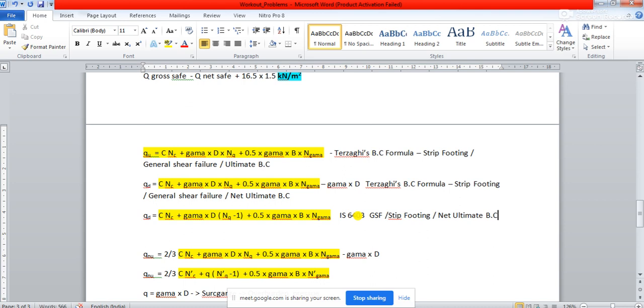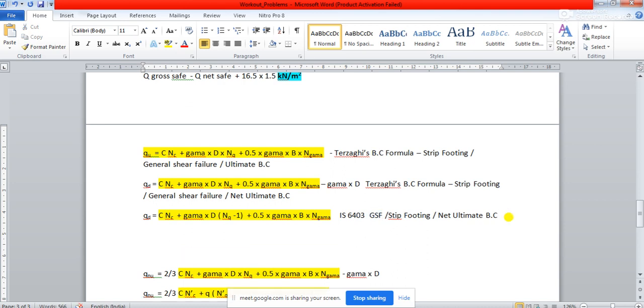Okay, now you see, if I want this formula applicable for local shear failure, then what will I have to do? If I want to apply this formula for local shear failure, then what has Terzaghi said? If you remember, Terzaghi has said that if you want to change the general shear failure formula to the local shear failure formula, you will have to change the shear strength parameters, right?